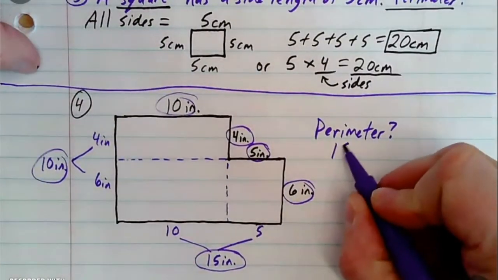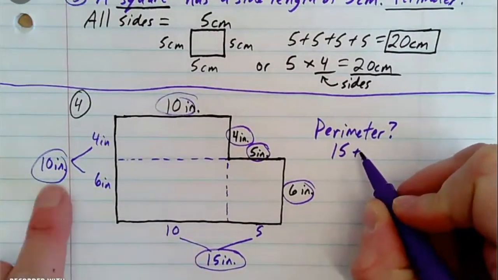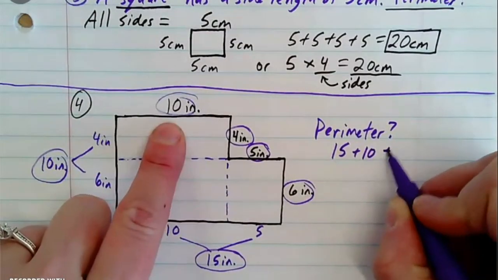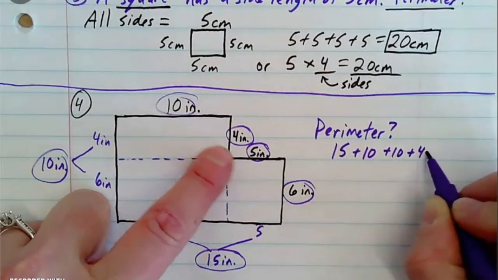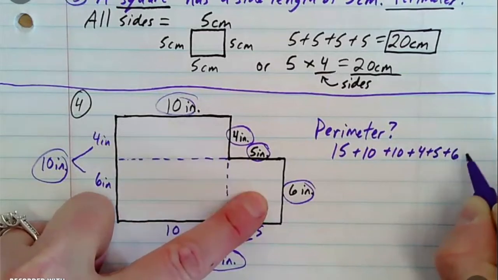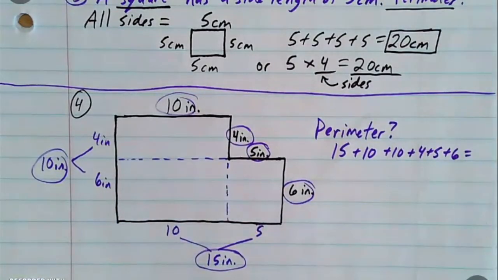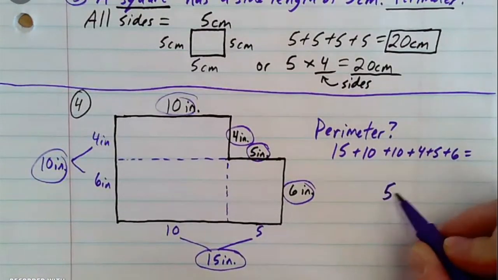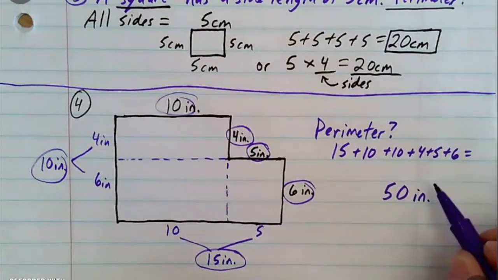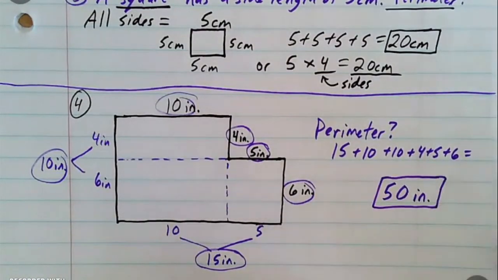So 15, if I start here, plus 10, plus this 10, plus the 4, plus the 5, plus the 6. I should have all of my sides there. And that total should give us 50. We label it inches. You do not square it or cube it or anything like that.